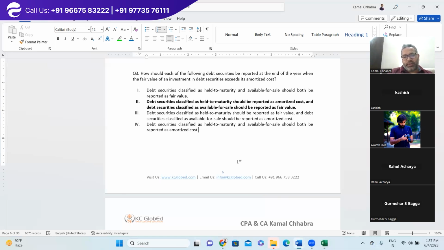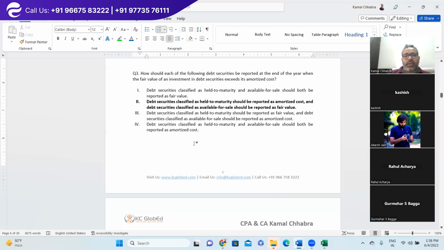First: debt security classified as held to maturity and available for sale should both be reported at fair value. Answer is no, because held to maturity is always reported at amortized cost. So the first option is incorrect.